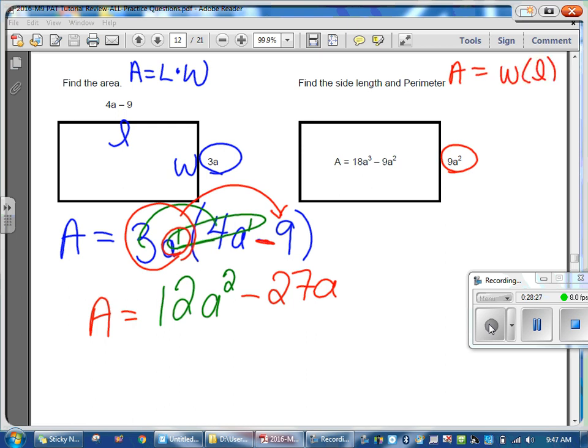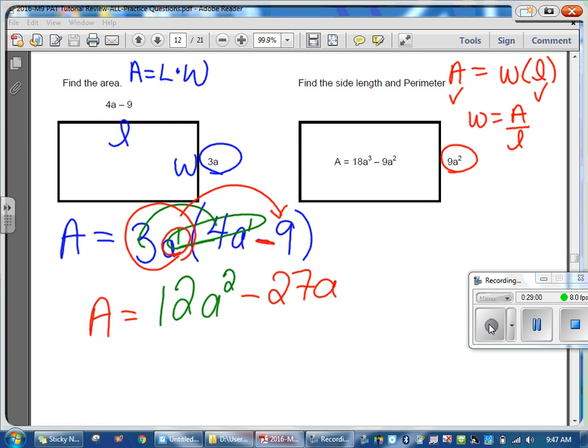So we're going to take width is equal to area divided by length. Okay? Now why are we dividing? Because we already have the answer of the area. We're working backwards. We have to find out what did we start with in the brackets to multiply. All we know right now is the one out front. So on this one, I'm going to take 18a cubed, subtract 9a squared, divide it all by 9a squared.